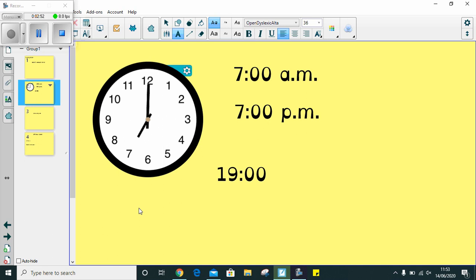So my 12-hour clock works strictly from AM, from midnight to midday, and then PM from midday to midnight, whereas my 24-hour clock runs for the whole day through. And to convert from my 12-hour to my 24, I am adding on 12.